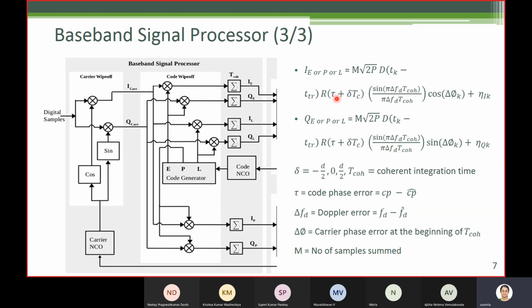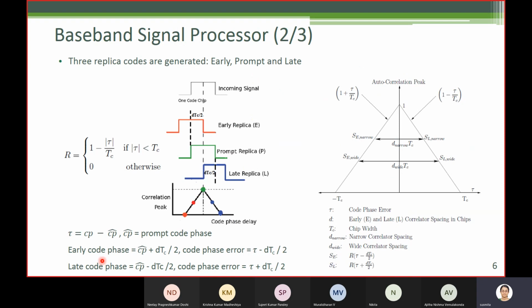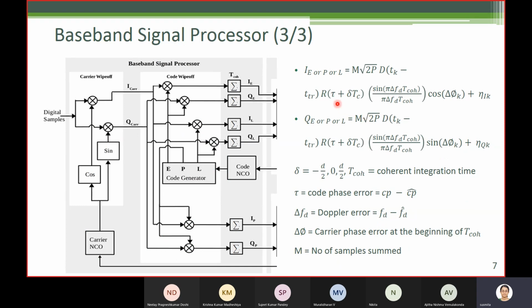The same has to be written here, tau minus dTc by 2. So delta is minus d by 2 for early. If you consider the late pair, then it is tau plus dTc by 2. So this will be tau plus dTc by 2. So for the late pair, we have to consider delta as d by 2.